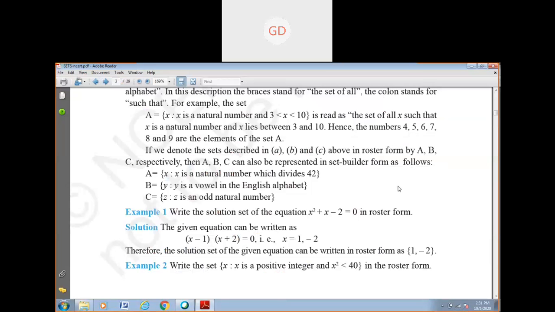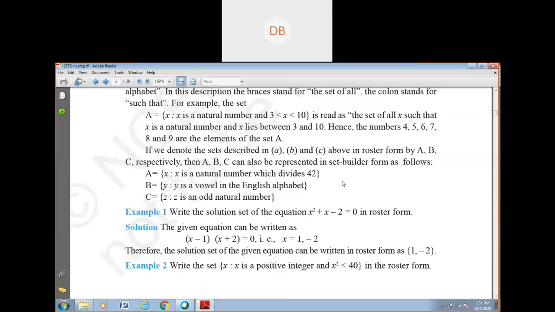Okay. Am I audible now? Am I audible? Yes, sir. It's actually a technical problem. The screen was gone.